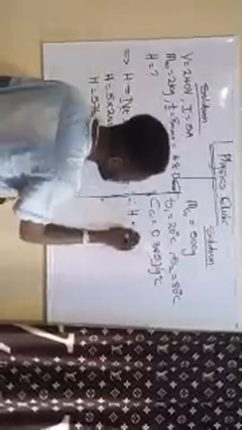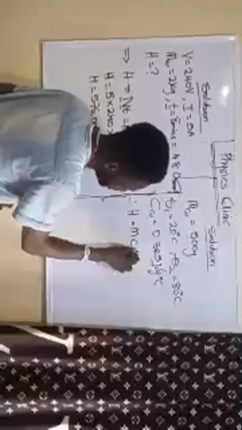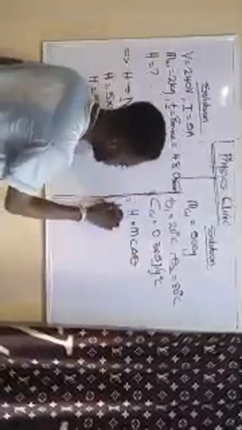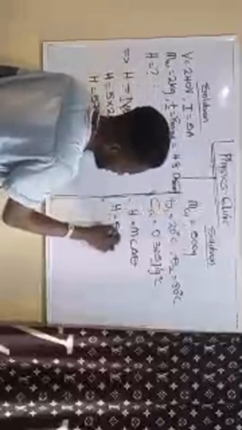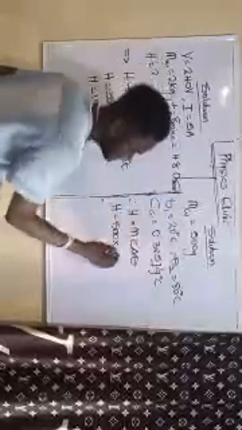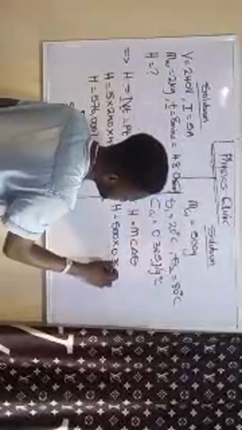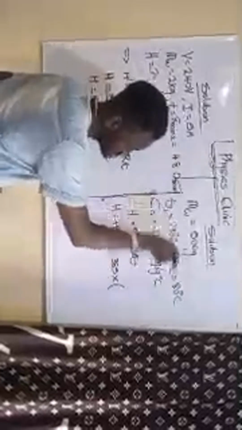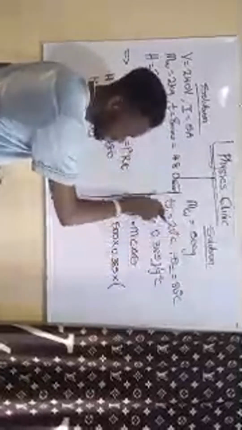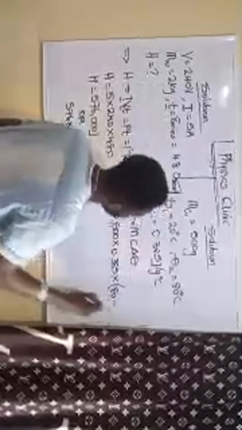We know the formula very well, MC delta theta. So let's get the value. H should be equal to the mass of copper, 500, times the specific heat capacity of copper, 0.385, times the temperature change from theta 1 to theta 2. So this will be theta 2 minus theta 1, so it will be 80 minus 20.